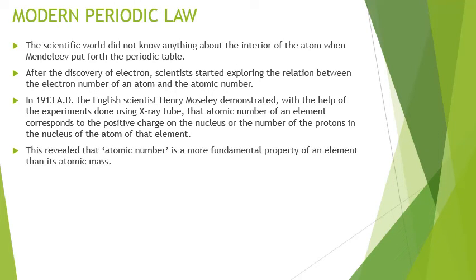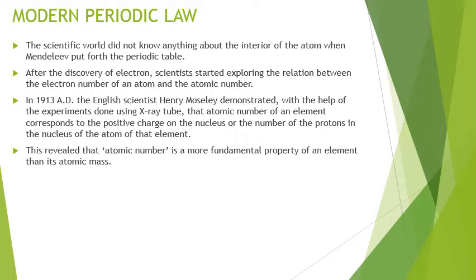So this revealed that the atomic number is a more fundamental property of an element than its atomic mass. Mendeleev said that the fundamental property to classify elements is atomic mass. But Henry Moseley said that the fundamental property to classify elements is not atomic mass, it is atomic number.